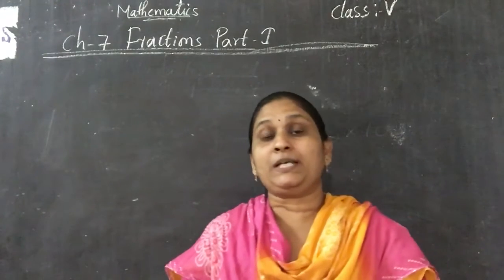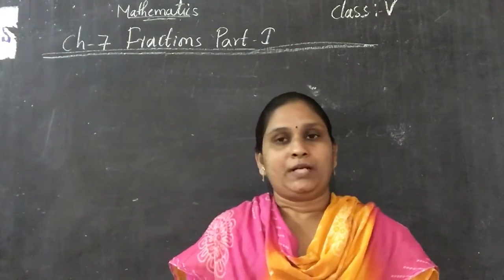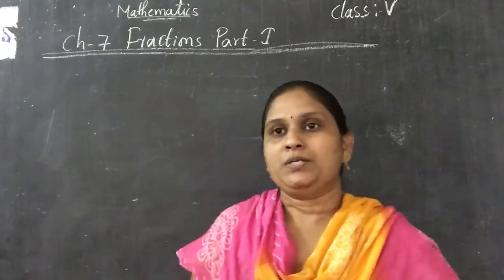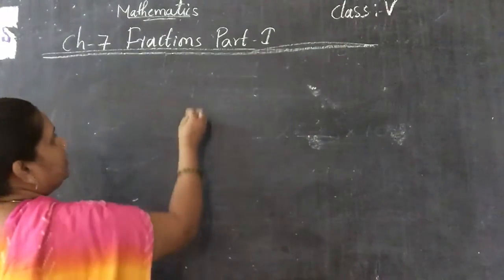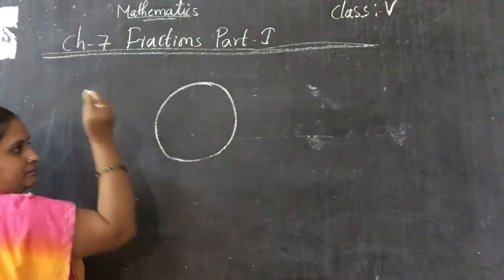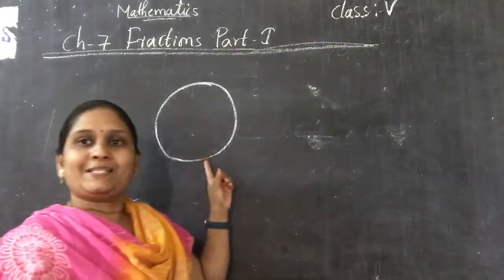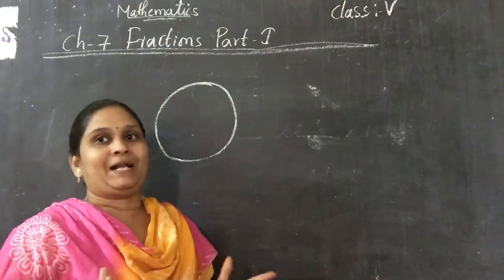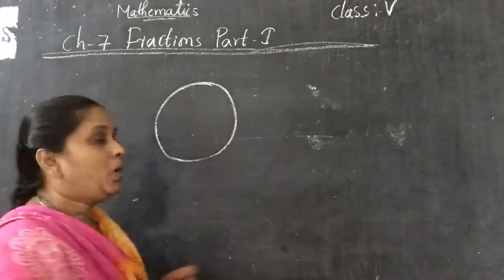So actually, what is a fraction? A fraction is nothing but a part of a whole. For example, here this is a circle, so this will be known as a whole. The complete full part is known as a whole.